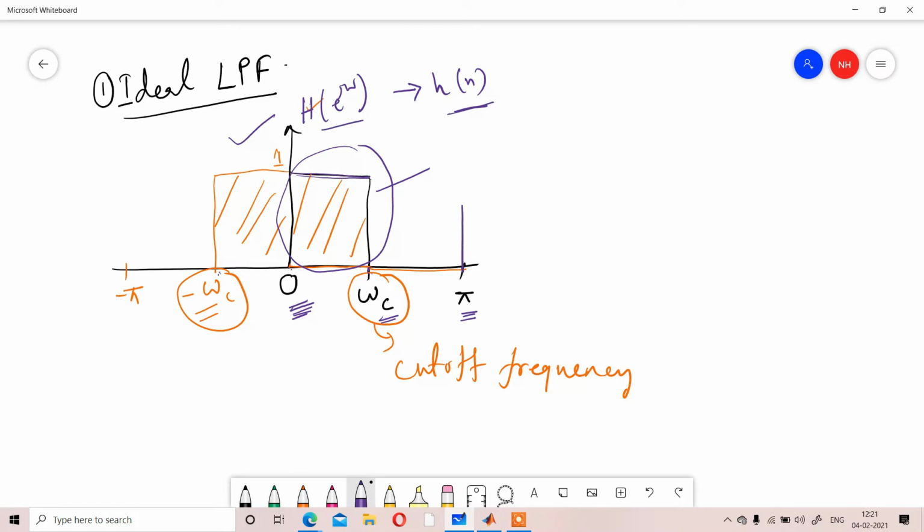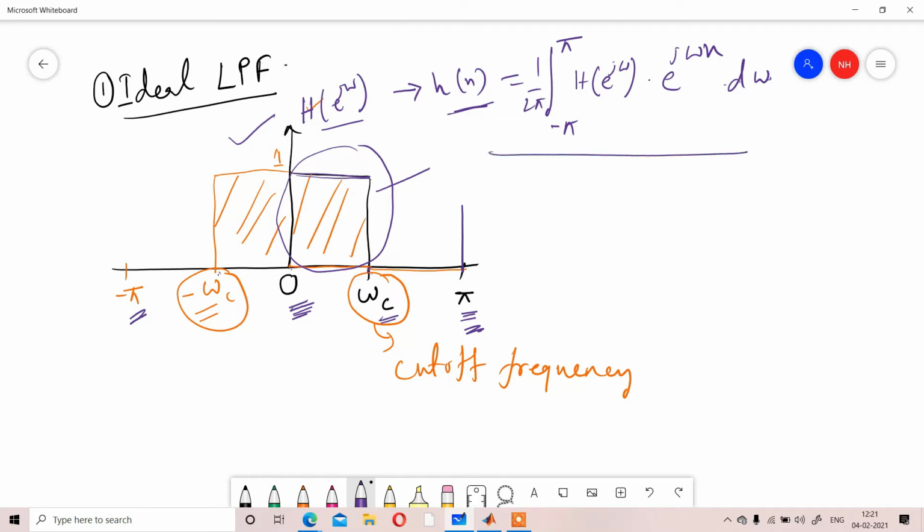Means you have to do the inverse Fourier transform, and the formula is 1 by 2 pi integration from minus pi to pi H(e^jω) e^jωn dω. So that is your expression to calculate the inverse Fourier transform.